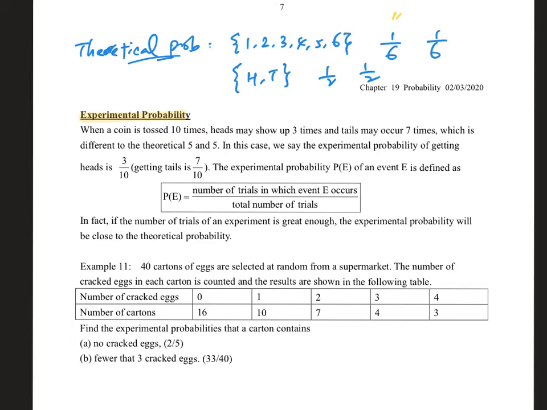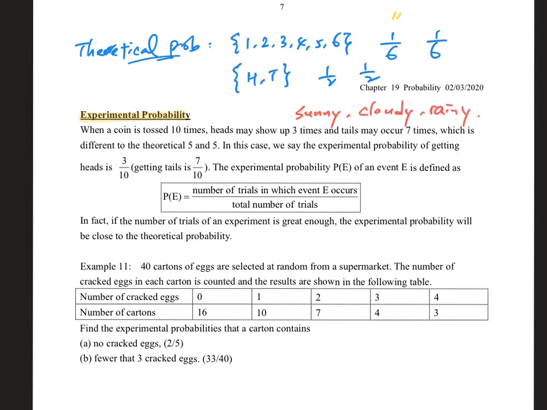But in reality, there are many situations where the probability of a certain event may not be the same chance. For example, sunny day, cloudy day, and rainy day.